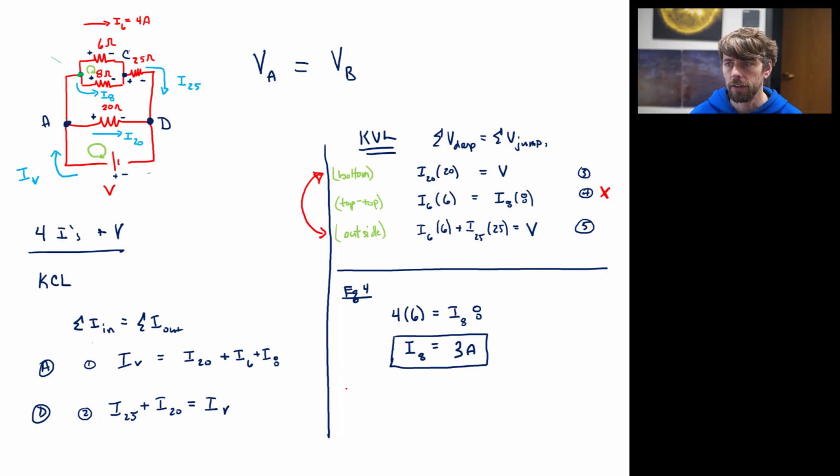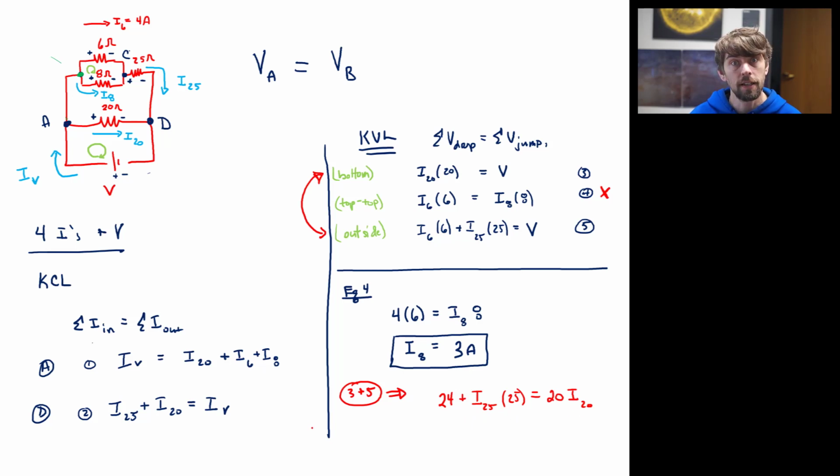So if I take 3 and 5, subbing those 2 equations together, we already know the value of the current for 6, so I get 24 plus I25, times the 25 ohm resistor equals the 20 ohm resistor times the current going through the 20 ohm resistor. Now that in itself, you say, well, it seems like you haven't made any progress. And I would, for the most part, agree. I've gotten I25 and I20 together.